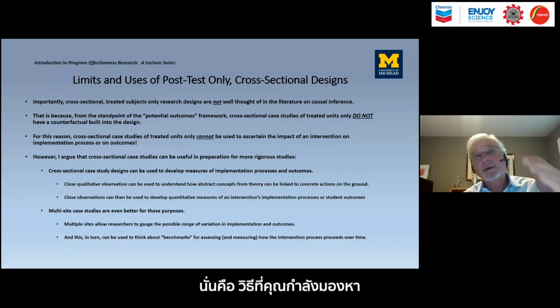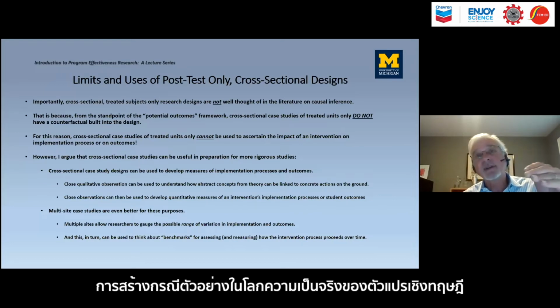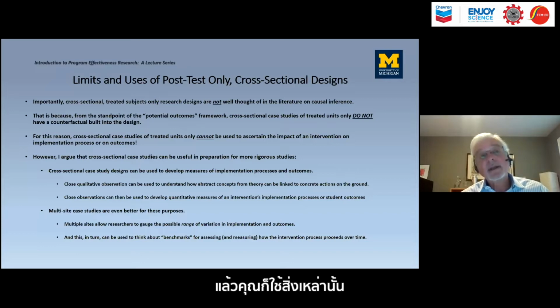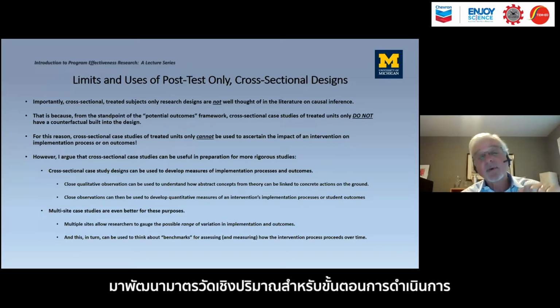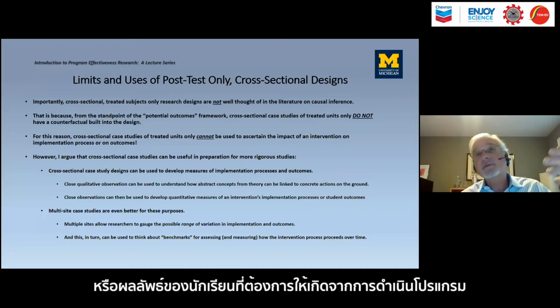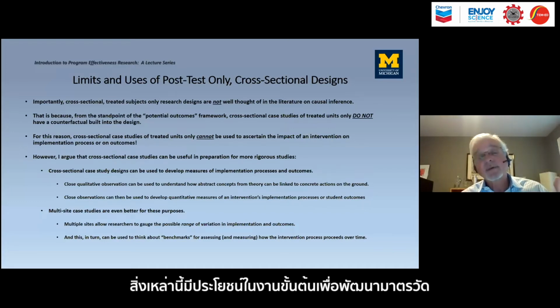That is, what you're looking for is real world instantiations of theoretical constructs. And then you use those to develop quantitative measures of an intervention's implementation processes or the student outcomes that you wish. So these are useful in preliminary work to develop measures.